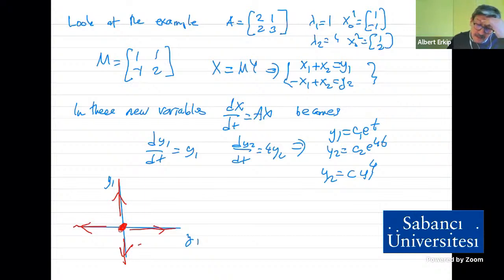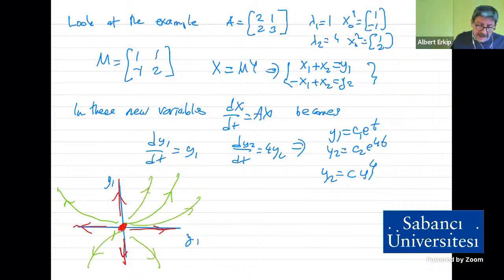We have y equals x to the 4, like this. The bottom ones have to be like this, and then you want more. Are these all the solutions? Yes, because there's no other place left. Through every point, we have one trajectory passing. So this is the picture as long as we can do this.